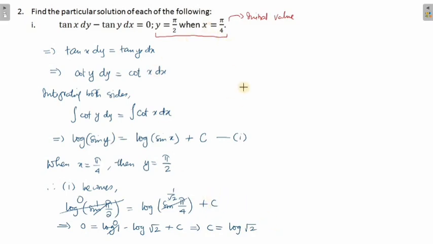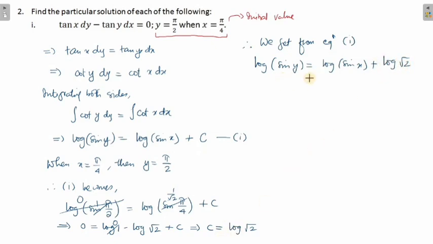So from equation 1, we have log sin y equals log sin x plus c, where the value of c is log root 2, isn't it? So you get log sin y equals log sin x plus log root 2. Call sin x as a and root 2 as b.